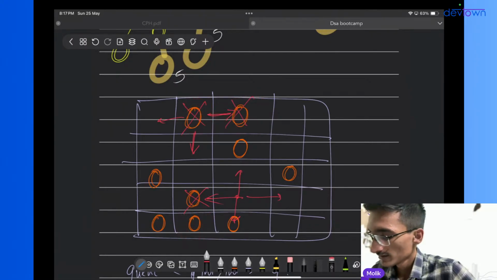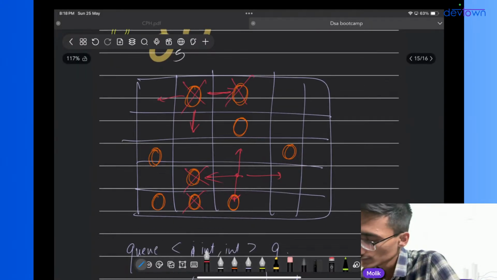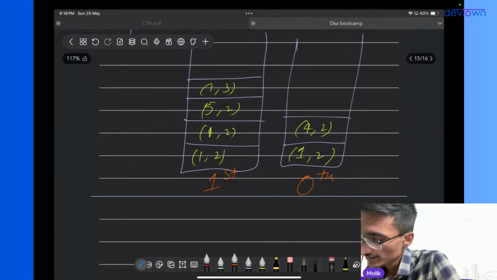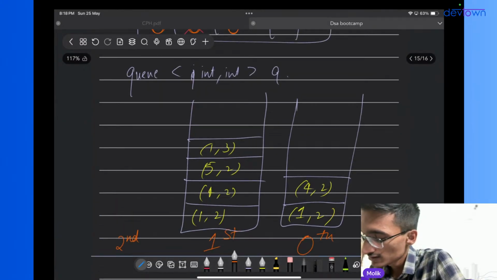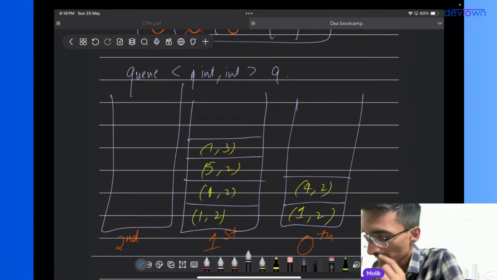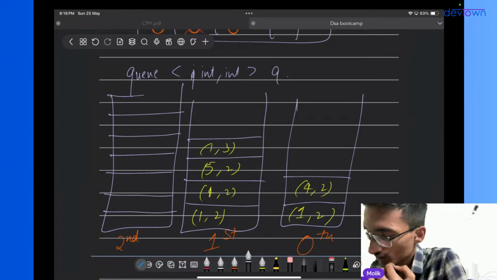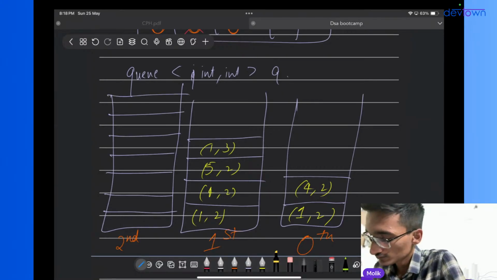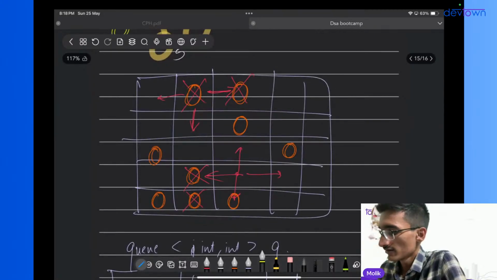So this will be infected, this will be infected, and then in the second second, which oranges will be infected?